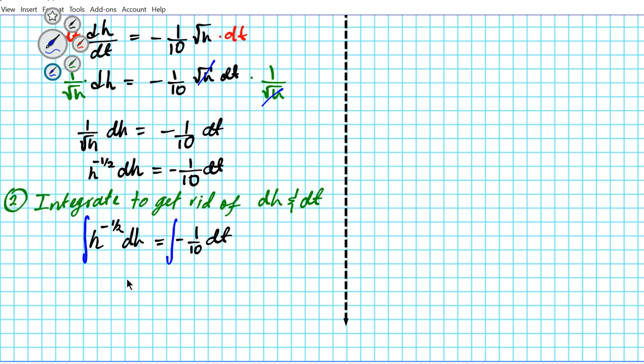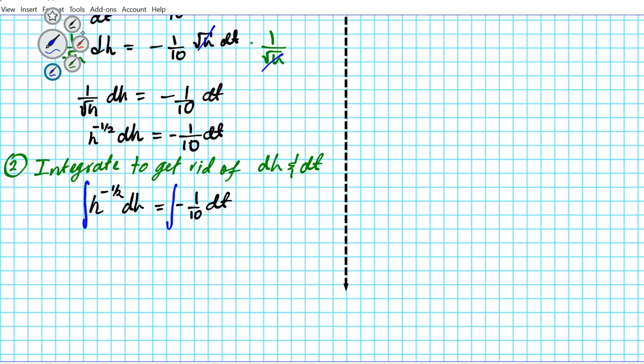All right, so when we apply the power rule on the left side, we are going to have h raised to the negative 1/2 plus 1, which is 2 over 2, divided by negative 1/2 plus 2 over 2. And then on the right side, the integral is just going to be negative 1 over 10 t, okay, plus, don't forget that c piece right there, plus c.